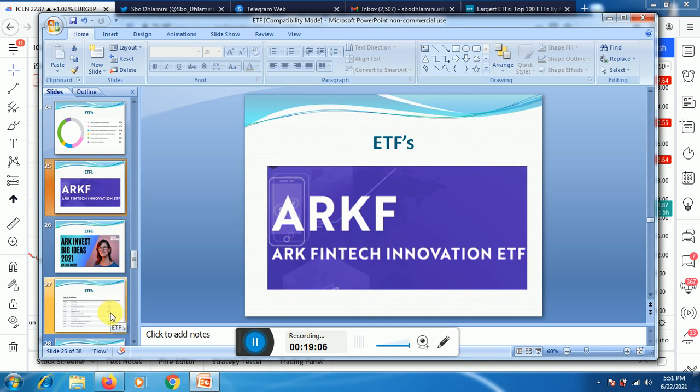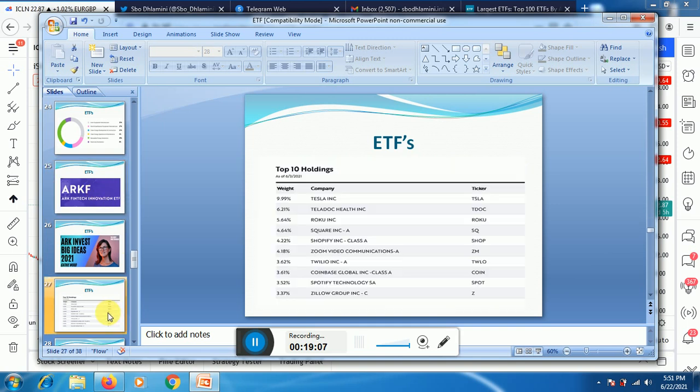So the ARK Innovative ETF mainly involves innovative technology companies. You can see it holds close to 10% of Tesla on the ETF, and about 6% of Roku, Square, Shopify, Zoom, Twilio, and it recently bought Coinbase when it listed a few weeks ago.